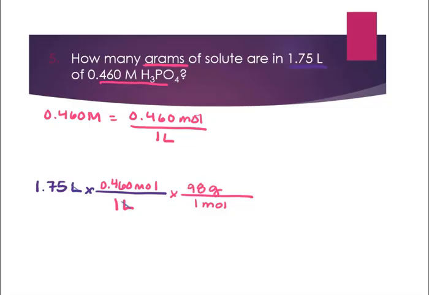So liters cancel with liters, moles cancel with moles, and I'm left with the unit of grams, which is exactly what I want. I'm going to do 1.75 times 0.46 times 98. Both of my denominators are 1, so I don't need to do anything with that. So this is going to be 78.9 grams.